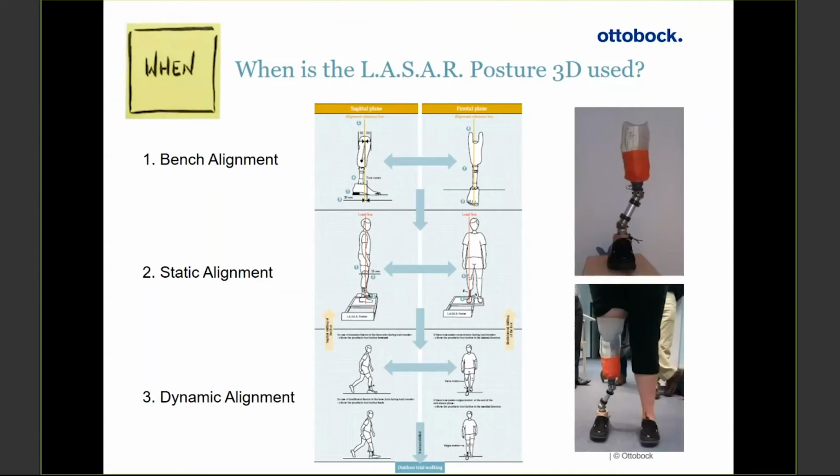And here is a bench alignment and a standing alignment of a patient who certainly does not have their pylon vertical or leaning in a particular fashion. I want for us to break that mold and that thinking that the pylon needs to be in a certain way. What's really important is that we're maintaining the relationship between the socket.